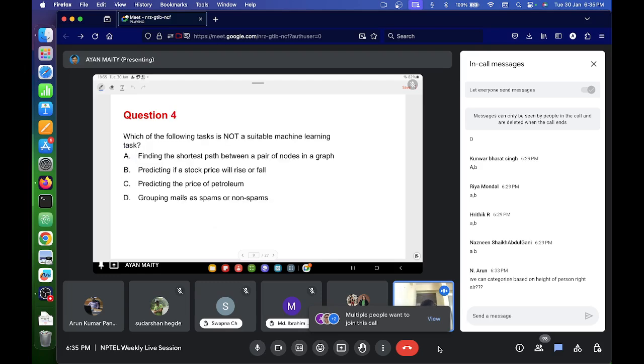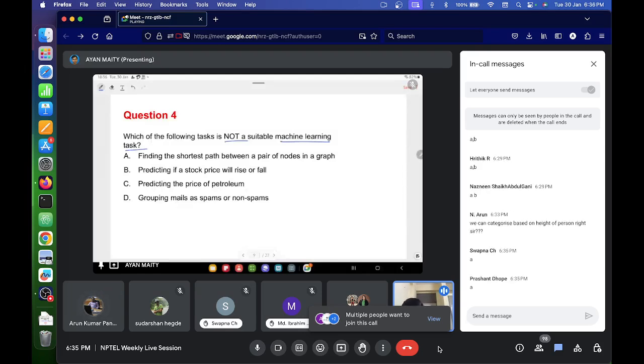Now question 4. Which of the following tasks is not a suitable machine learning task? Option A is finding the shortest path between a pair of nodes in a graph, B is predicting if a stock price will rise or fall, C is predicting the price of petroleum, D is grouping mails as spams or non-spams.